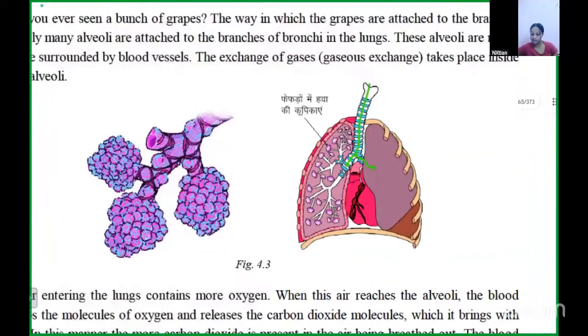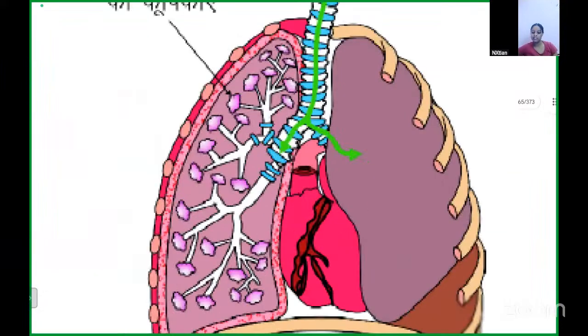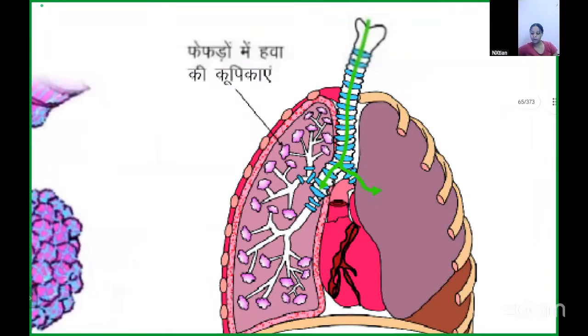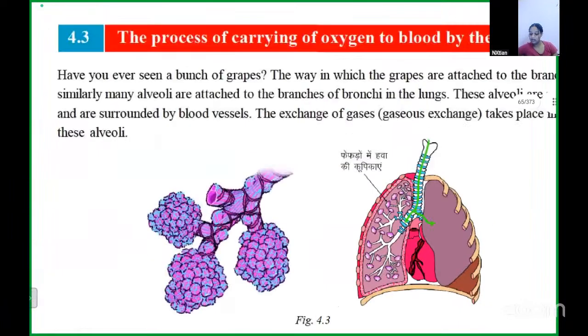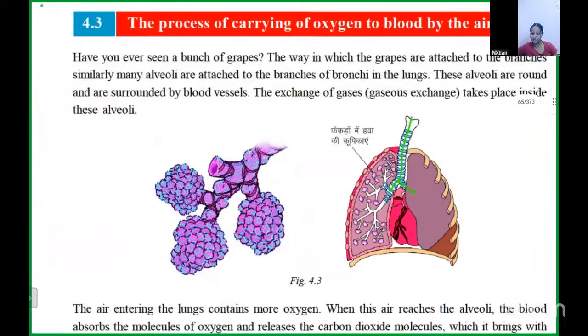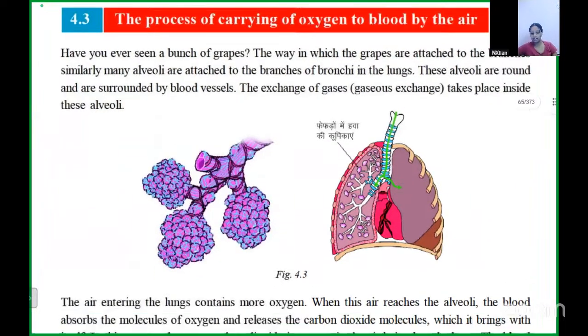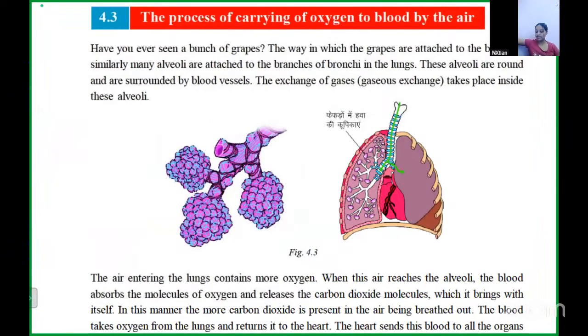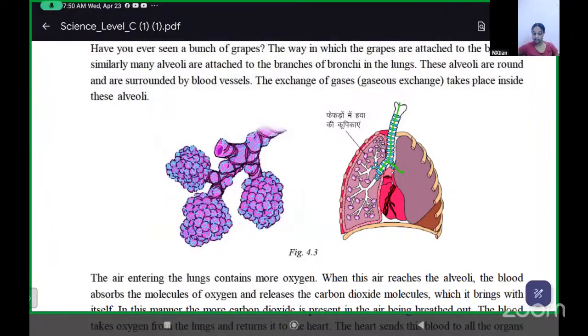Inside the lungs, the alveoli are attached. Now, these alveoli are round and are surrounded by blood vessels. So, the exchange of gases, that is the gaseous exchange, takes place inside them.